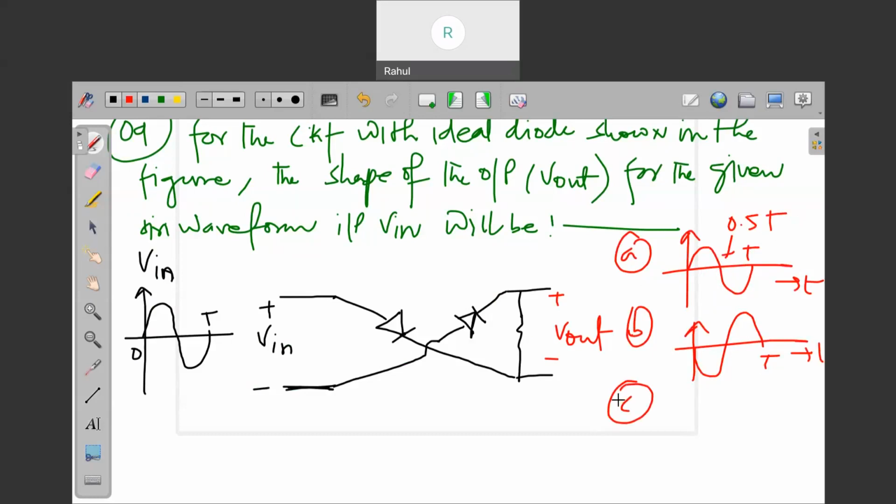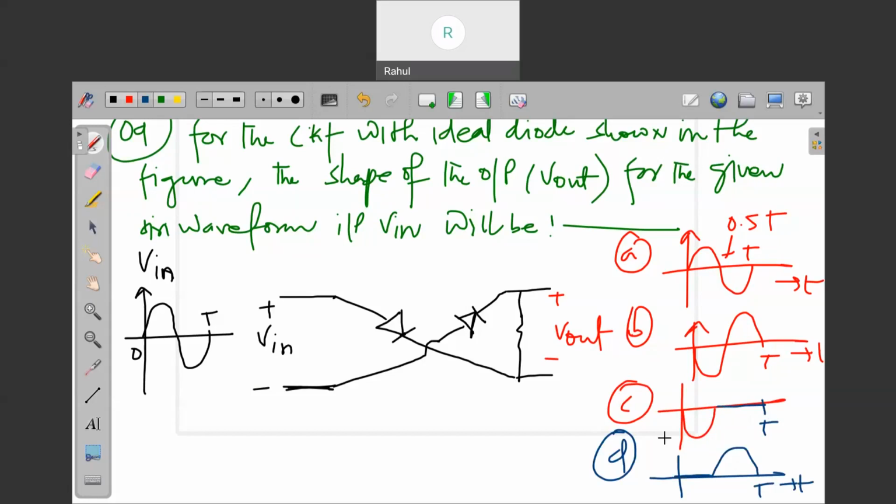Option C is 0 onwards, and till 0.5 it will be on. And option D is 0 initially and then goes like this. So this is the output waveform, and you have to choose it.